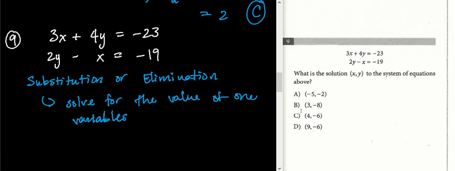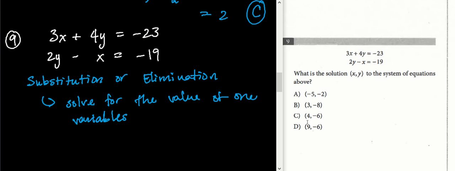Is the answer choice C or is it D? In order to resolve that ambiguity, you need to take your value of y, solve for the value of x, and then based on the value of x, you can resolve whether it's C or D.